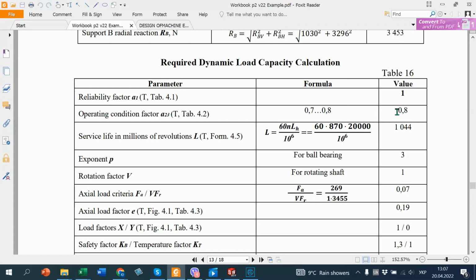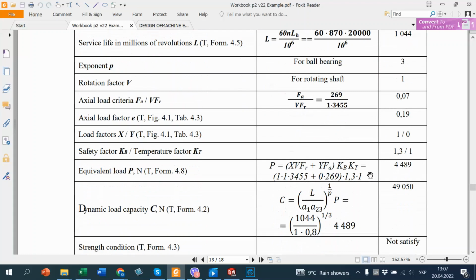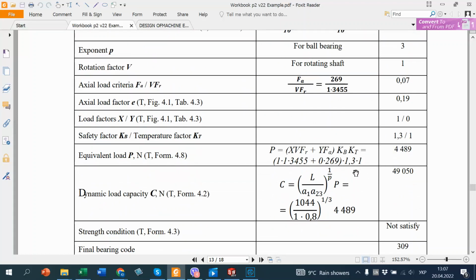In such a case, usually the load capacity is less than the required load capacity, and you need a lighter bearing than it was in the case with a ball bearing. So it can be this way.